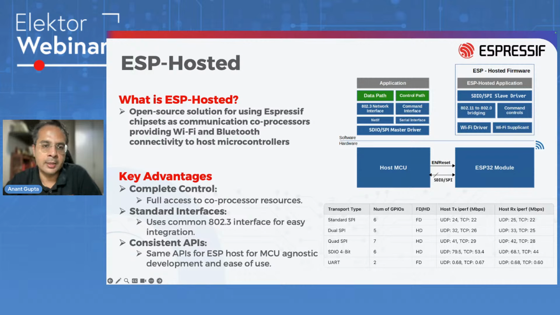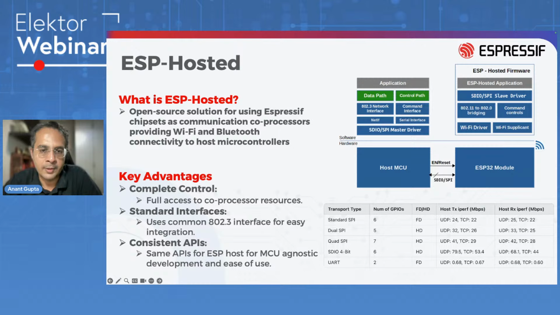So if you use a standard SPI, which uses 6 pins, it is a full duplex mode. We can get up to 24 Mbps on the UDP and 25 Mbps or 22 Mbps on the TCP. Similarly, if you use a dual SPI, we can increase that UDP to go up to 32.